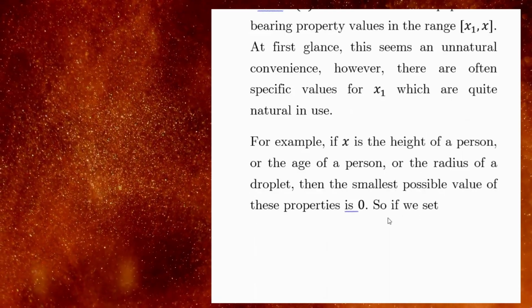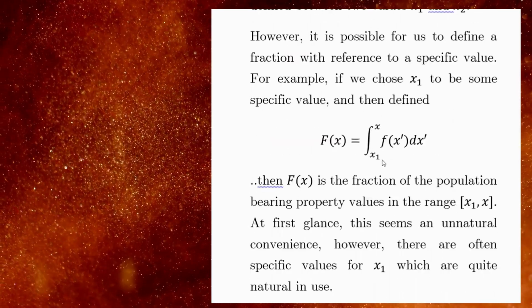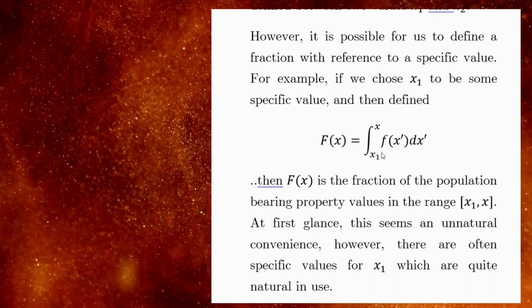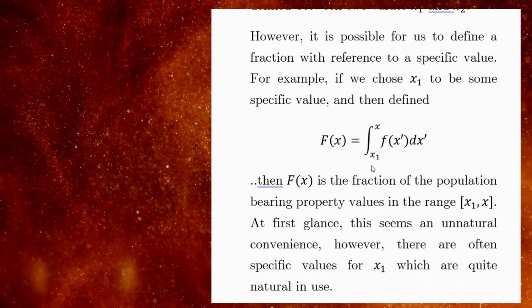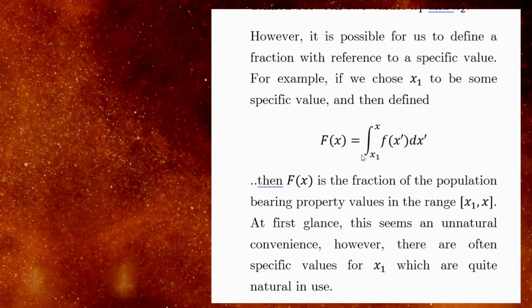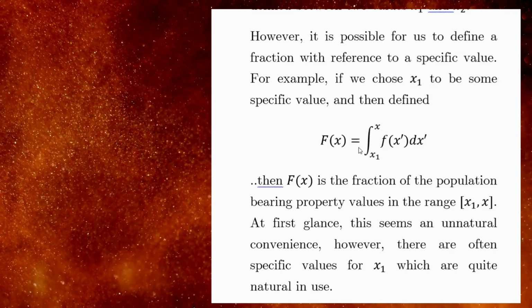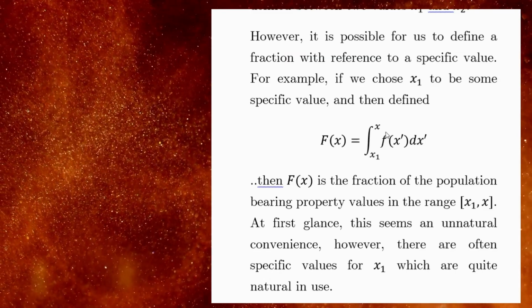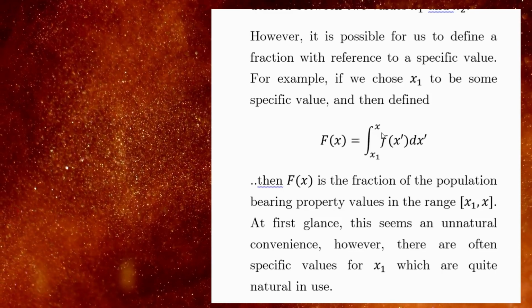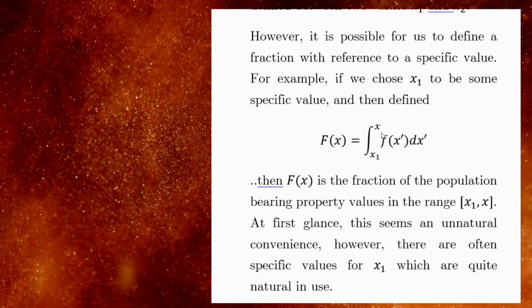And if we do set the lower limit to 0, then we are asking for all the fractions that are possible up to some value x here. So we are asking, what's the fraction of the population that has a property value of at least x? And you see, that's something that does have a physical intuition.